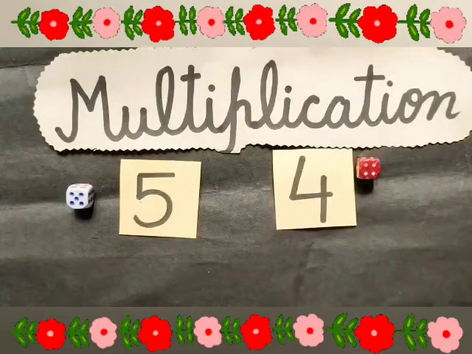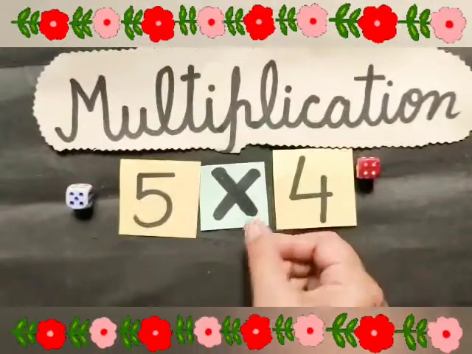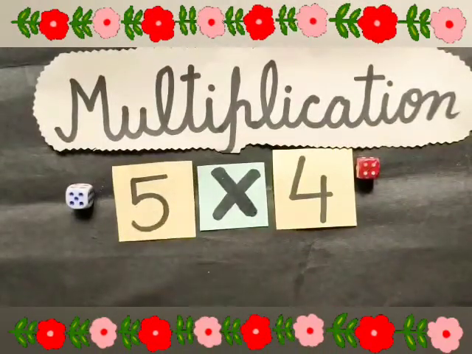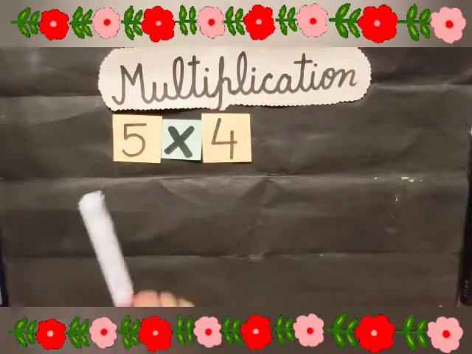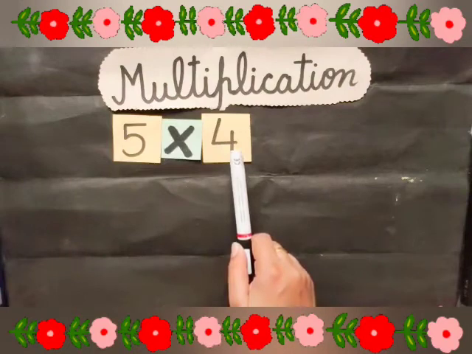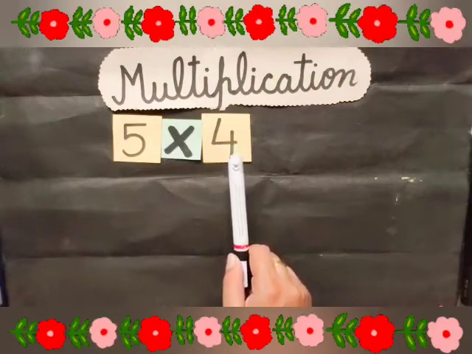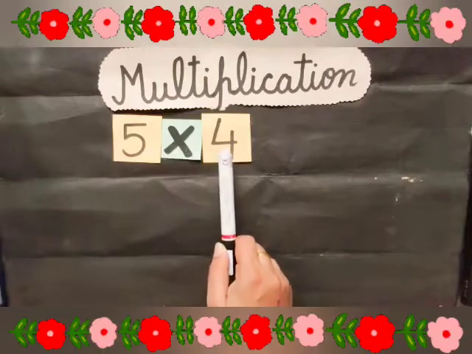Now we will multiply these two numbers, and as I told you, a cross is the sign of multiplication. We will read it like this: 5 multiplied by 4, or we can also read it as 5 times 4.